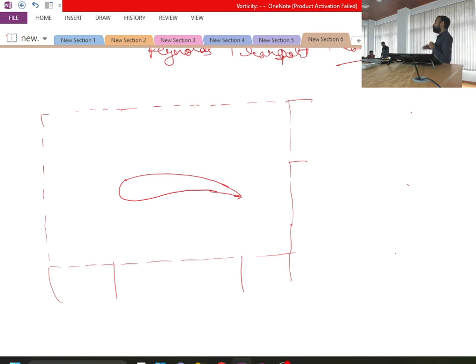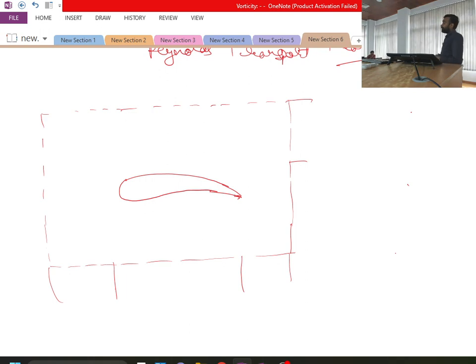But if you move very far away, you will find that the flow field is completely undisturbed. So while choosing the control volume, we have to choose the region where most of the changes are happening within the flow. Where changes are not happening, that portion is not of our interest.